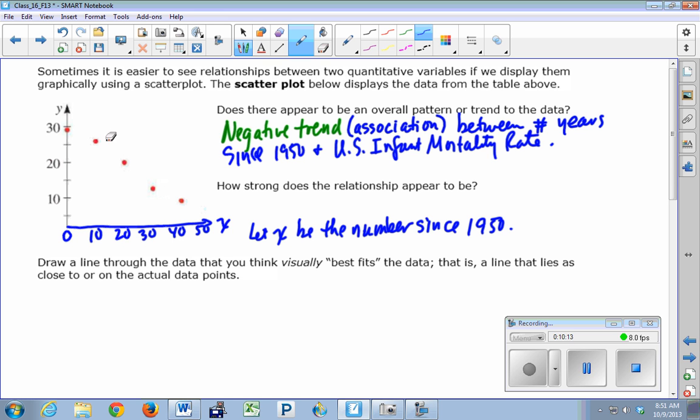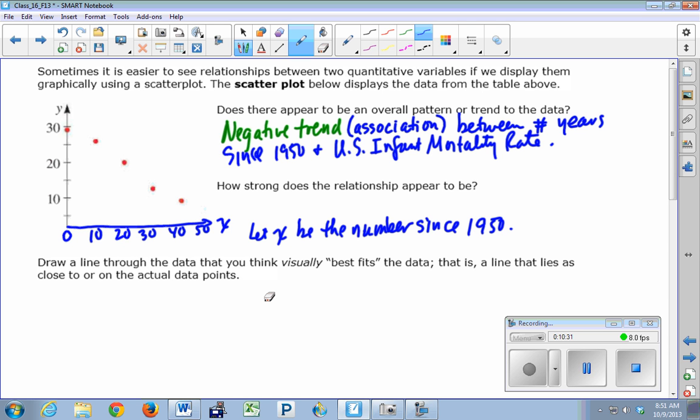And so here's what I want you to do right now, and we'll get to this idea of how strong this is. Draw a line through the data set that you think visually best fits the data. And so there's probably going to be as many different lines as there are students in this classroom right now.